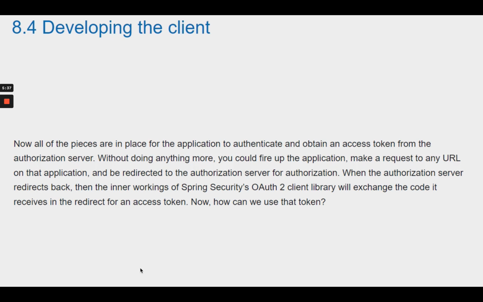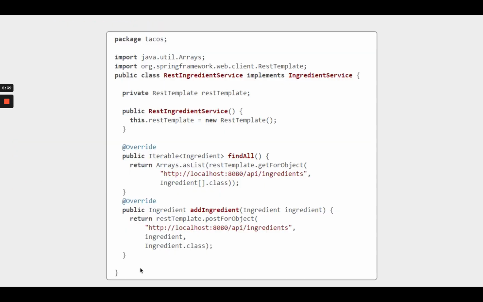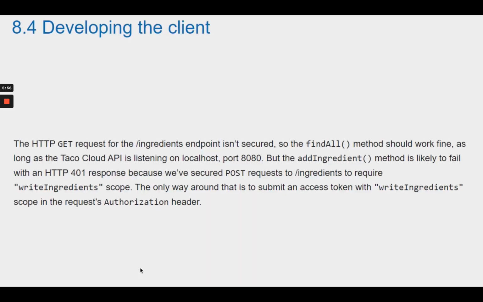Now, how can we use that token? Let's suppose that we have a service bean that interacts with the Taco Cloud API using RestTemplate. The following RestIngredientService implementation shows such a class that offers two methods, one for fetching a list of ingredients and another for saving a new ingredient.